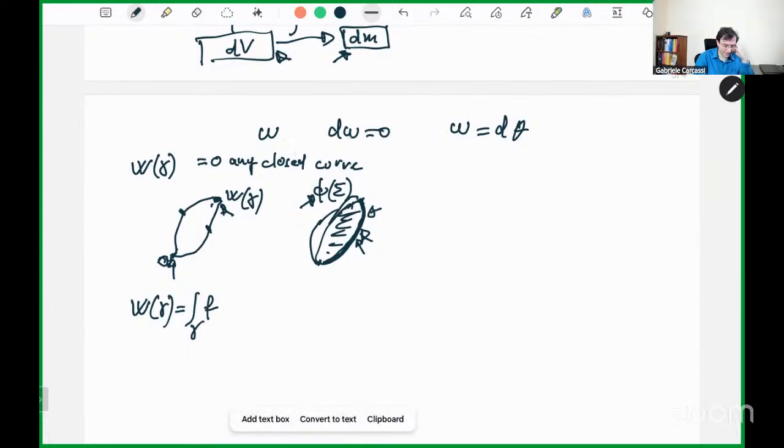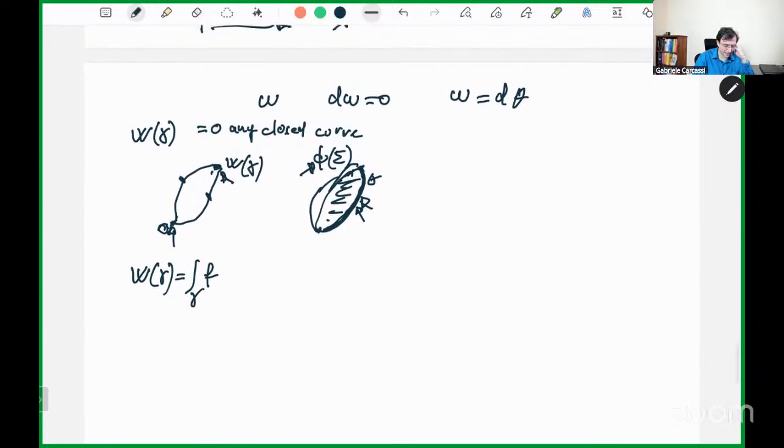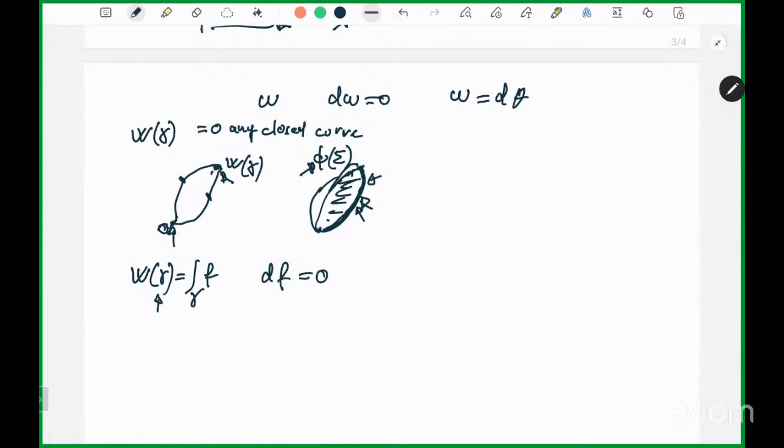So what happens here is that we are going to be able to write f, right? If we say that this work is path independent, then we're saying that df is equal to 0, right?